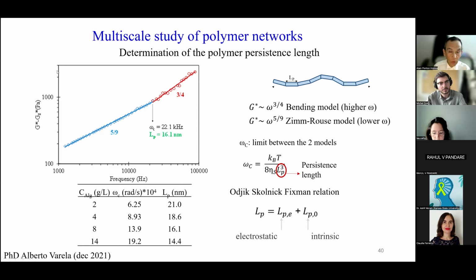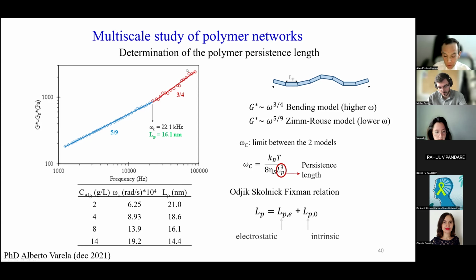So if you plot the shear viscoelastic moduli as a function of frequency, you can observe two kinds of regime. At low frequency, in polymer physics, it is called the Zimm-Rouse mode, with this power law.